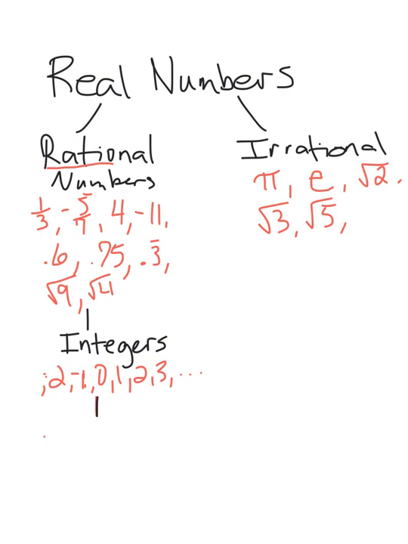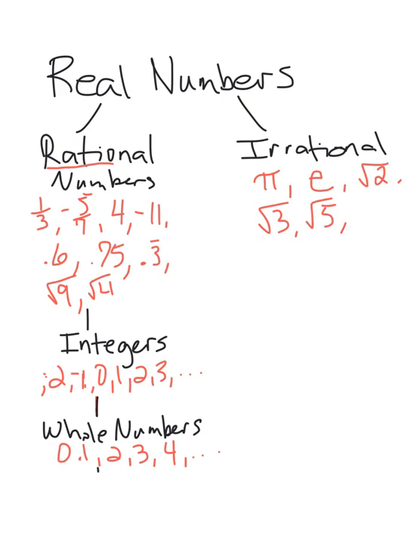A smaller subcategory of integers would be whole numbers. Whole numbers means we're just not going to use any of the negatives. So if I take out all the negatives in that previous list, then whole numbers are just numbers like 0, 1, 2, 3, 4, 5, 6, 7, 8, 9, continuing in that direction.